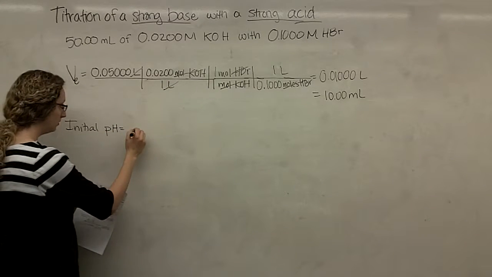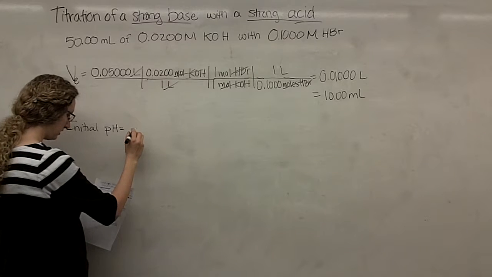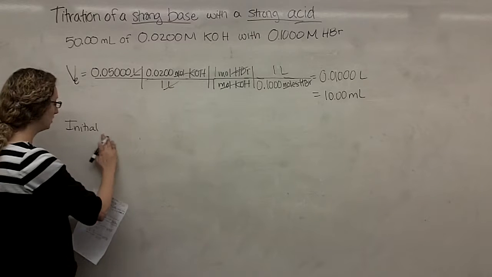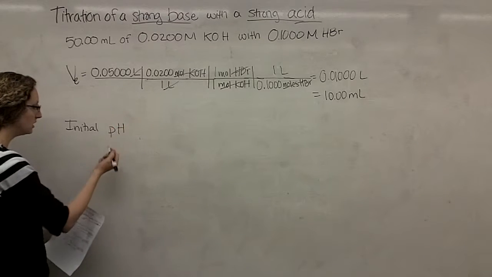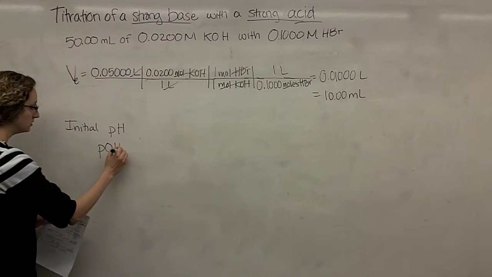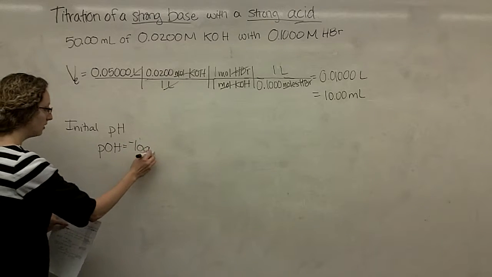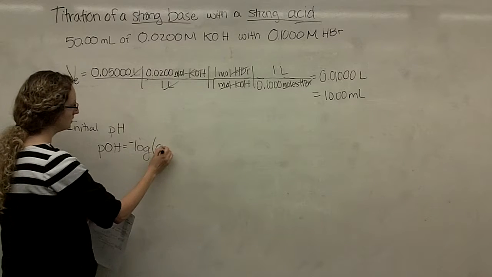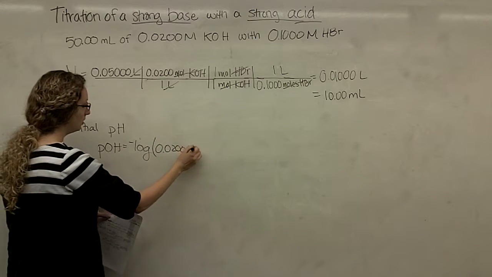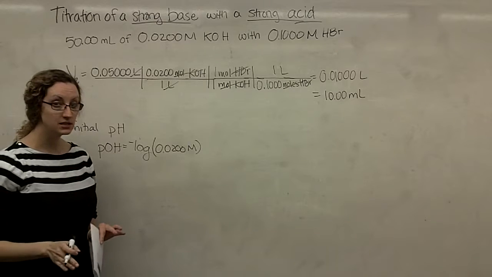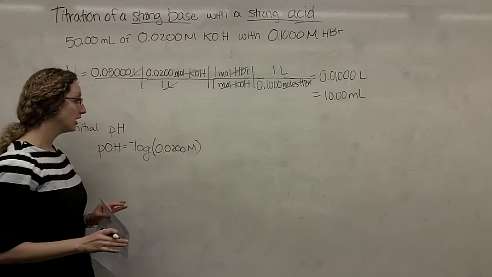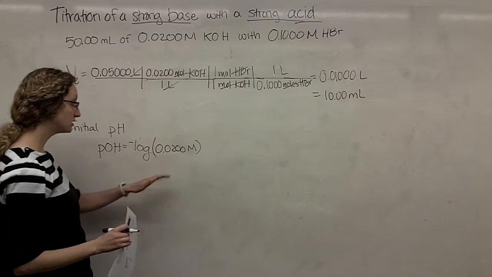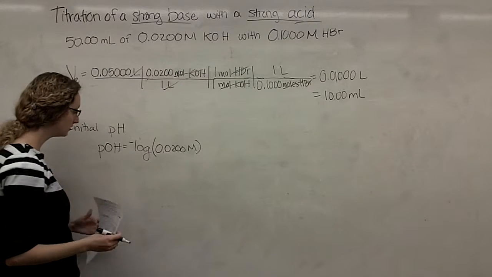First we need to find the initial pH, but we'll find the pOH first, which is going to equal the negative log of the concentration of your KOH, which is 0.0200 molar. Remember, it is activities, but we're making the assumption that the effect of the activity coefficient is going to be low, so we're just going to use concentration in this case.